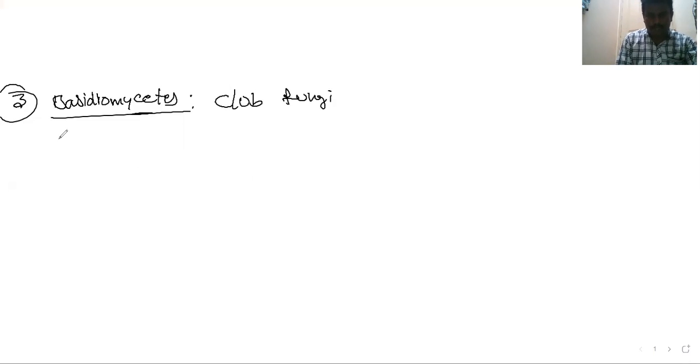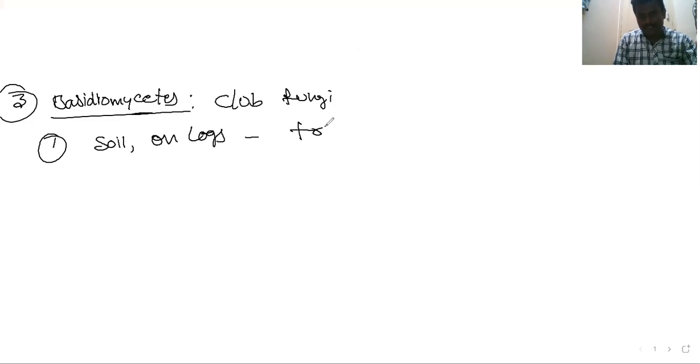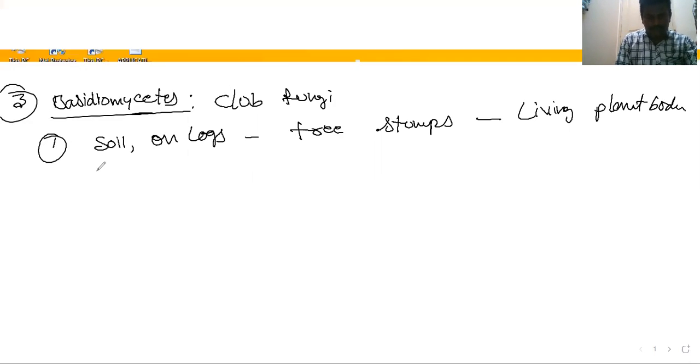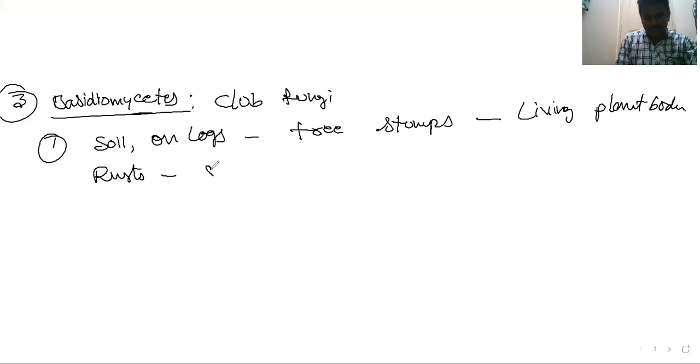Generally they grow well in soil, on logs and tree stumps, and in living plant bodies as parasites in the form of rust and smuts. These are a type of basidiomycetes. Rust means Puccinia; we will discuss that in the next point.